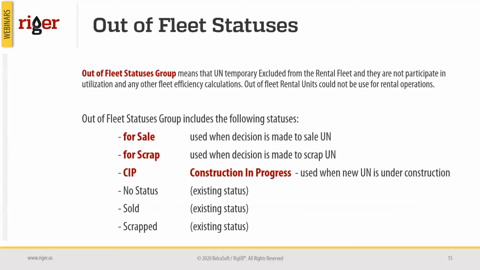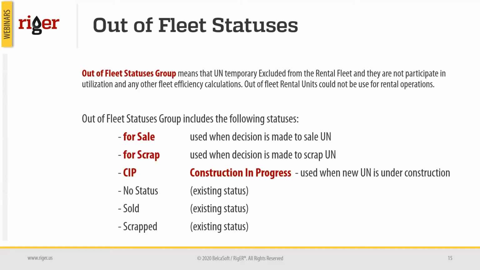Out of fleet statuses exclude rental units from active rental operations. The main purpose is that we can't use those units for rental jobs. Those statuses do not participate in utilization and other fleet KPIs and efficiency calculations.